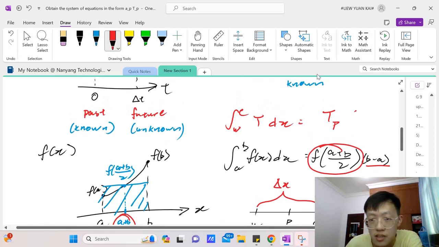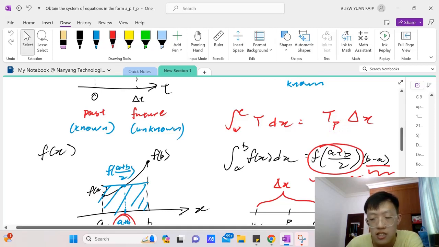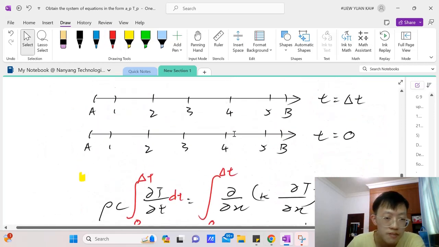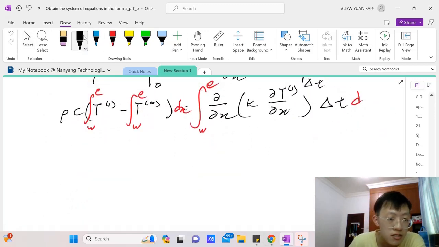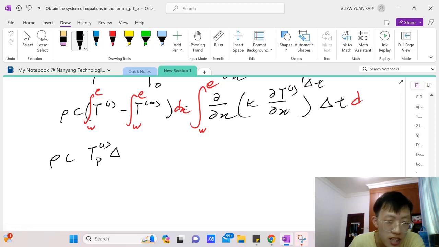So this will be times delta x. The middle f times the segment. That's why I take the middle t times the segment, and the middle occurs at p. That's why I write t subscript p. So this is the formula that we're going to use. If you integrate this, this will be rho c. Since it's t1, I'll use t1 at p times delta x minus this one, t0 at p times delta x.